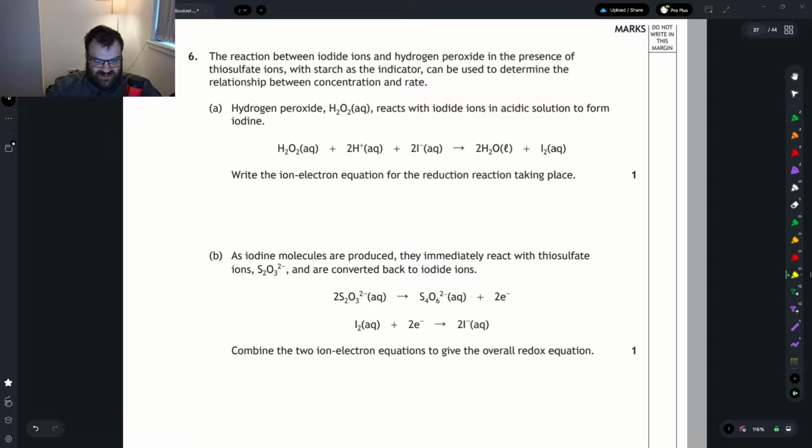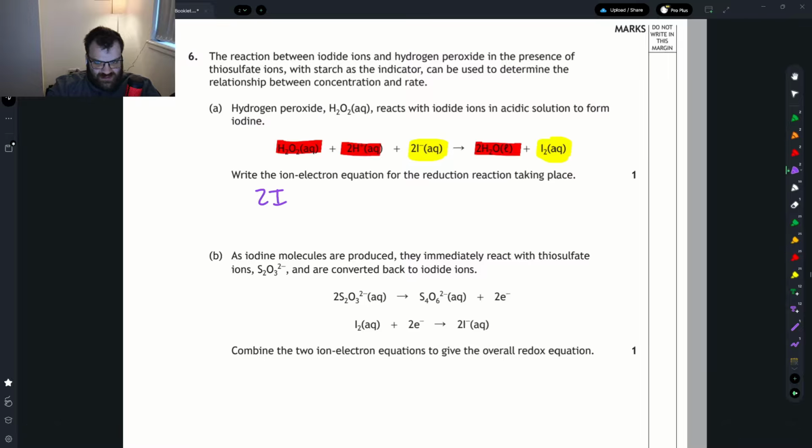Iron electron equation for the reduction reaction. First thing I would do is see which things go together. That and that is all you need apart from electrons, because there's 2 iodines, that's fine, which would mean that these ones would go together. Couple of options. One way is let's just go through both of them. Why not? Might as well.